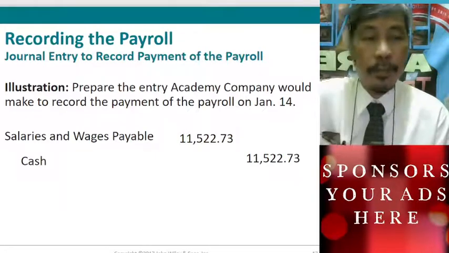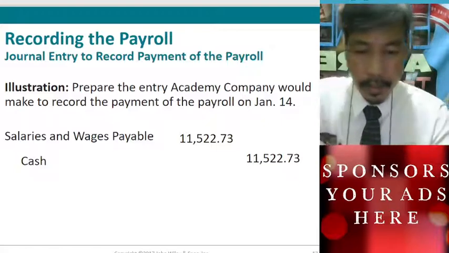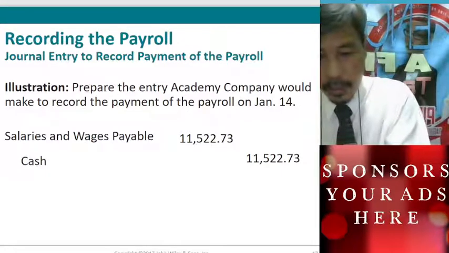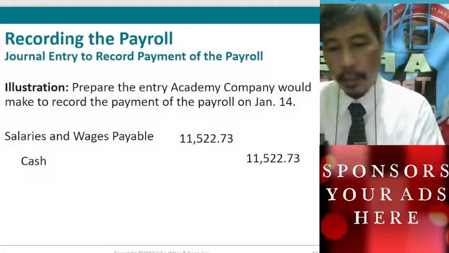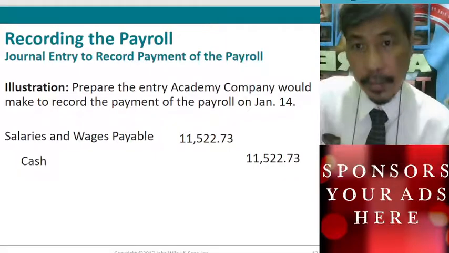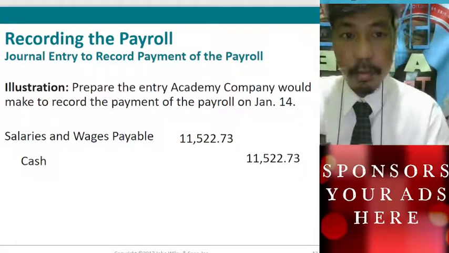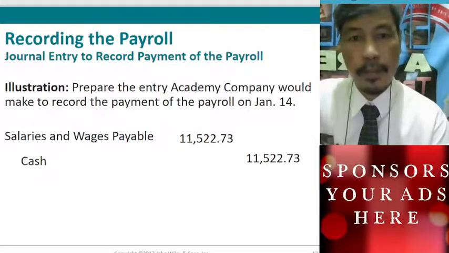They did not make a distinction between cash on hand and cash on bank. This cash is on bank because it is in terms of check. The check is recorded against the bank account number of the company. So, payroll, still recorded as cash.